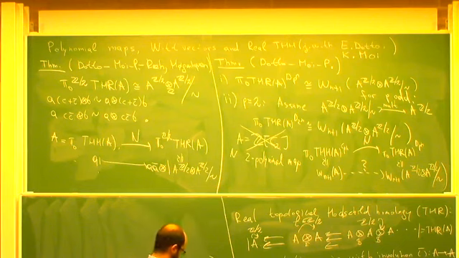Before you start, Hesselholt and Madsen, they didn't just talk about pi zero. They definitely did way more computations, but this is one of the very first. Yeah, so can you say, I mean, they had the whole de Rham-Witt complex going and everything. Yeah, sure. I mean, there are many results in this direction. Like you can compute also pi one of these things, and then it's always W_n Omega^1.